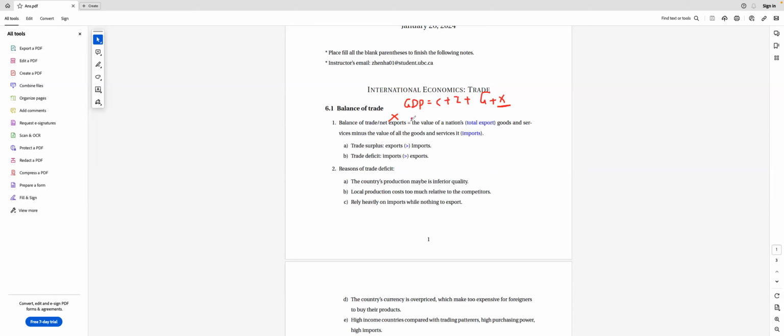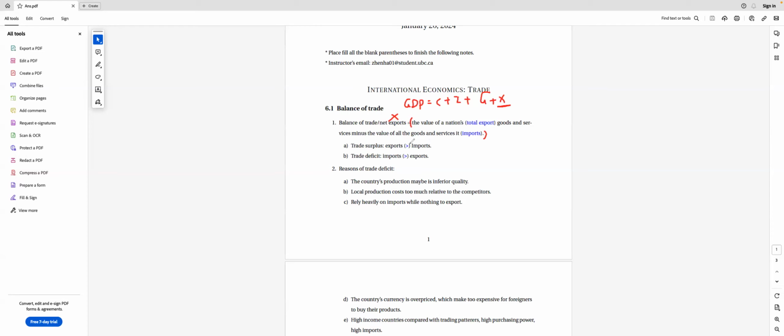Okay, this part is kind of a formula. So once again, it's total exporting minus importing. Naturally, you can understand net exporting is not necessarily a positive number and not necessarily a negative number. It really depends on which one is bigger, right?